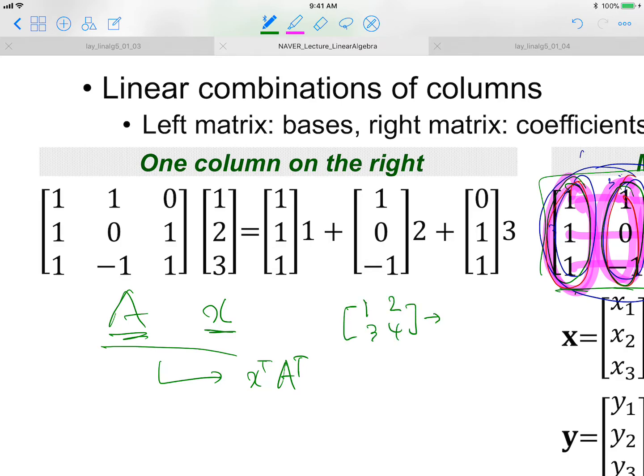What is the transpose of it? We draw a diagonal line and then flip it. In the diagonal, the elements stay the same, and this guy moves to that part, and this guy moves here. So this is our matrix transpose.